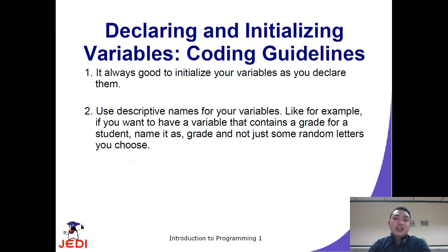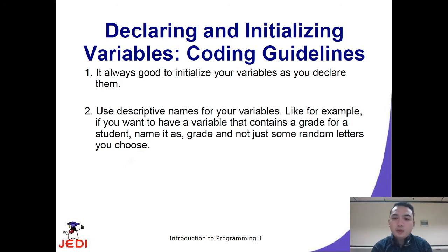Use descriptive names for your variables. However, it doesn't really matter if you have A, B, C, D, but when you do actual programming in the real world, it would be better if your variable names are descriptive, meaning they represent what value they will hold.